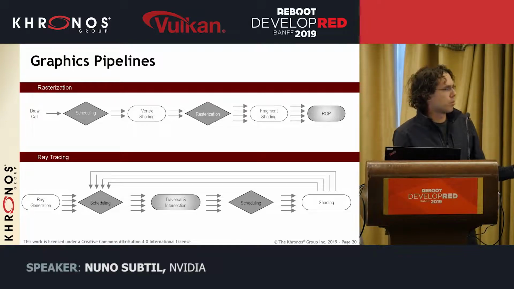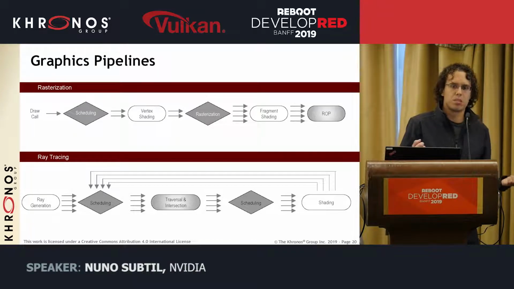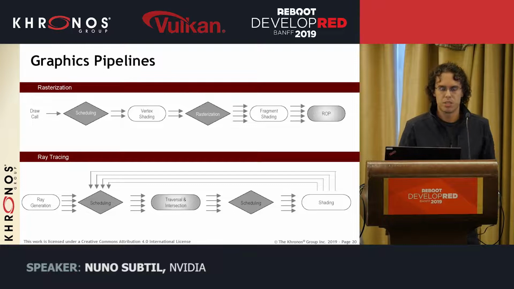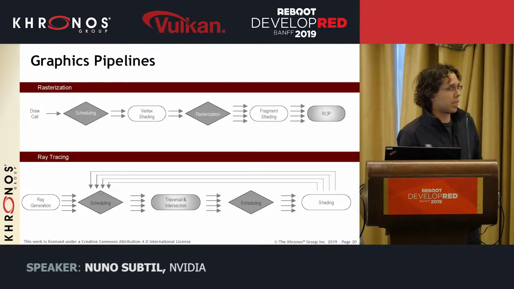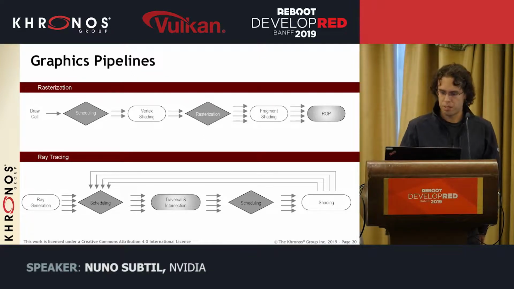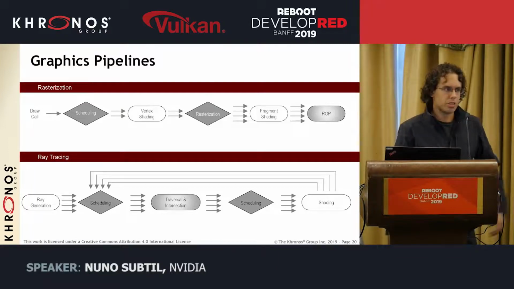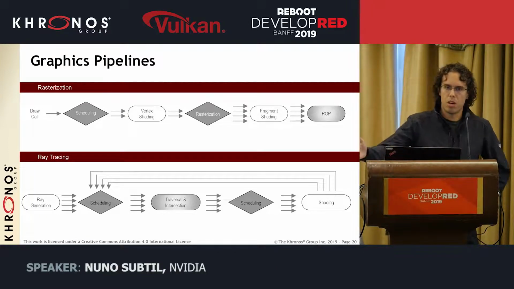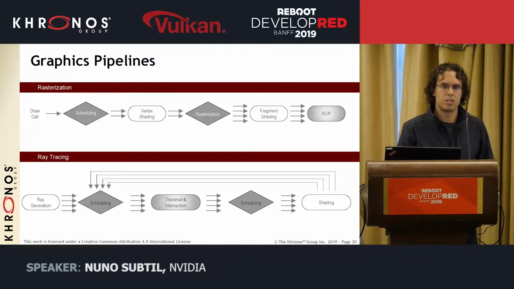This is semi-programmable in that the intersection can be a custom program for custom primitives. Traversal, by and large, we expect to be fixed function, or at least opaque to the developer. So this generates lists of intersections that go into some other fixed function block that does scheduling for these intersections to be processed by hit shaders.